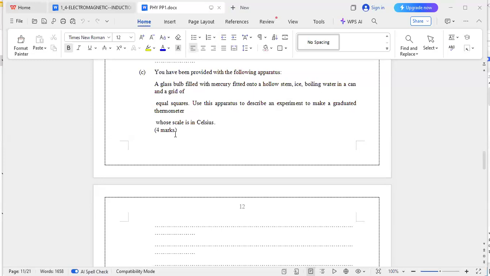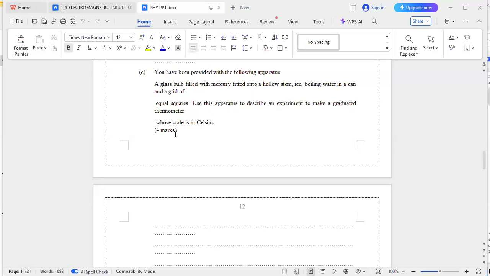The next stage now, we want to know the upper fixed point. And for us to determine the upper fixed point, we don't use boiling water. We use steam, because water can boil at even 95 degrees Celsius, which is a wrong value.